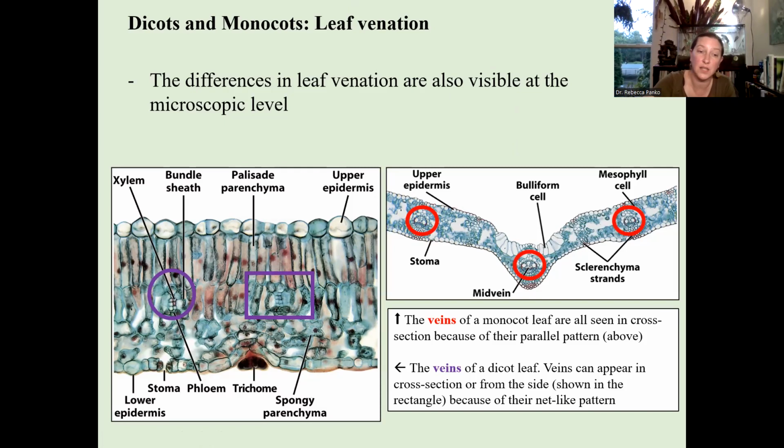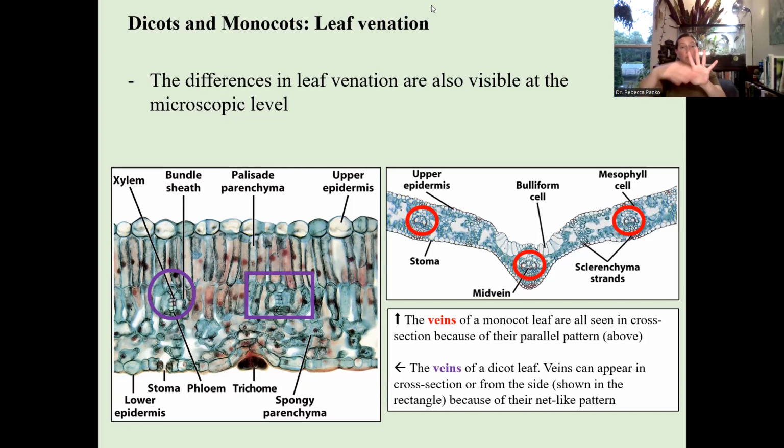Whereas on the left-hand side here, this is from a dicot plant, and because the veins don't run parallel, you're not going to be able to see all the veins so clearly. So if this is what a monocot looks like, this is what a dicot looks like, net-like.